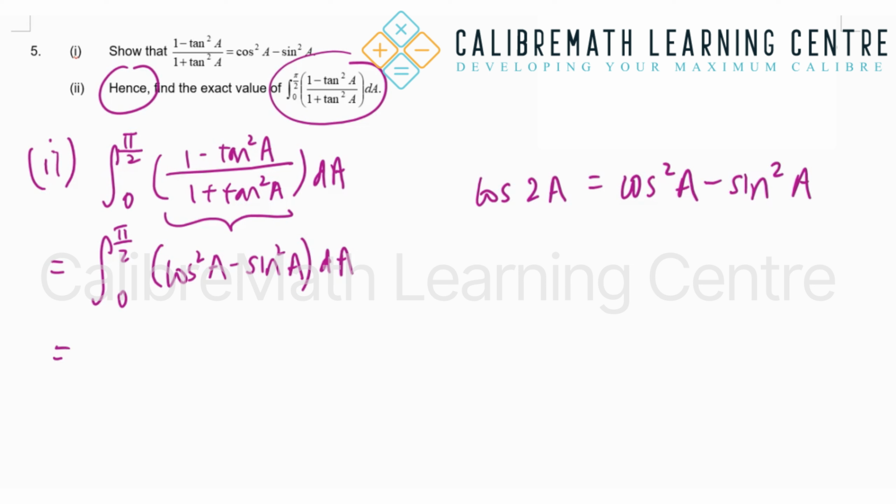Okay, so because you know that cosine 2A equals cosine square A minus sine square A, I could substitute that as cosine 2A over here.